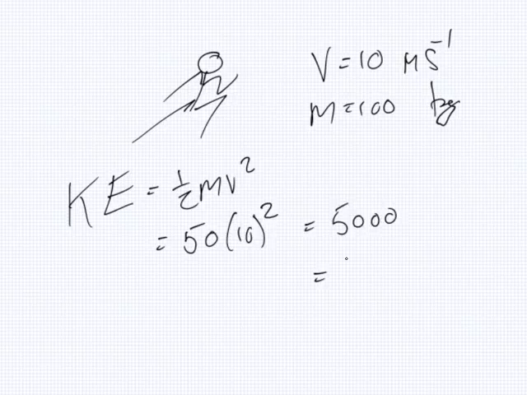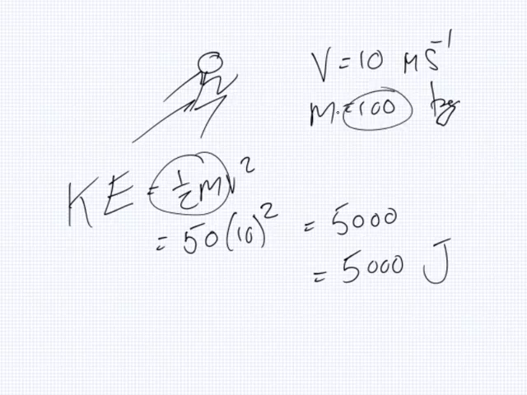So that's 5,000 joules. Why is it 50 multiplied? A half m. Oh. Half m. As a simple example.